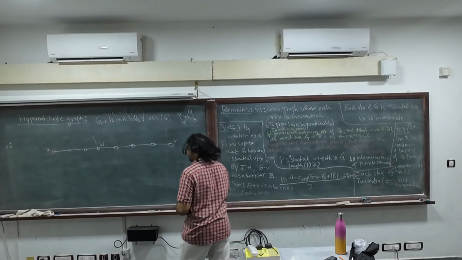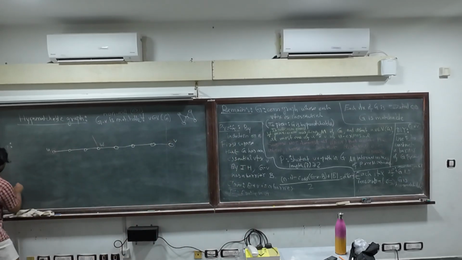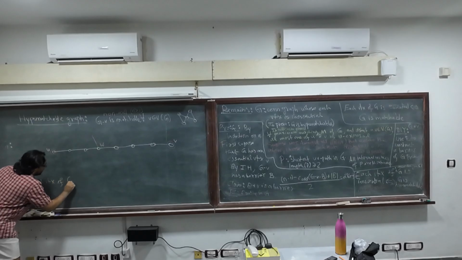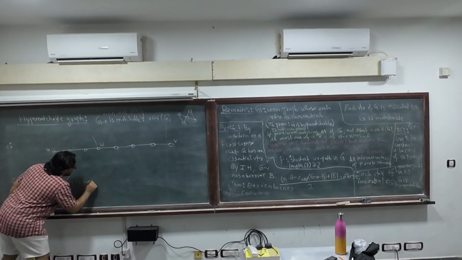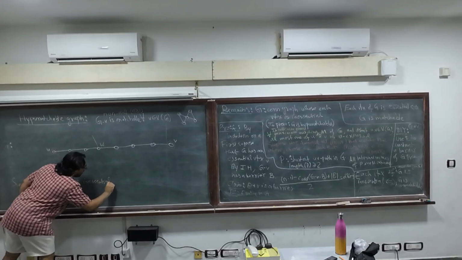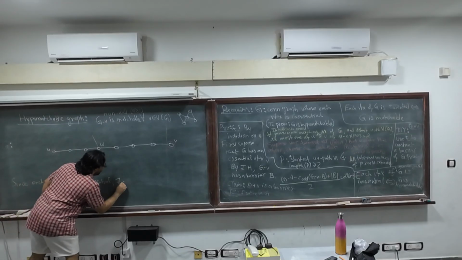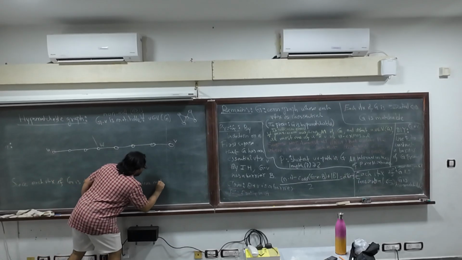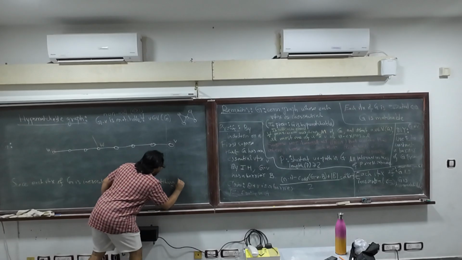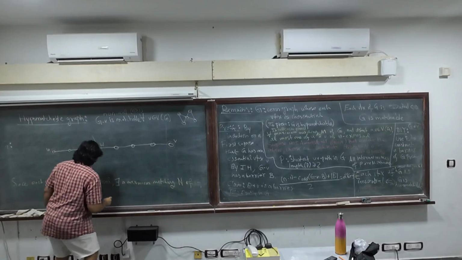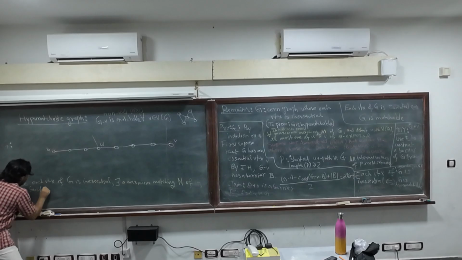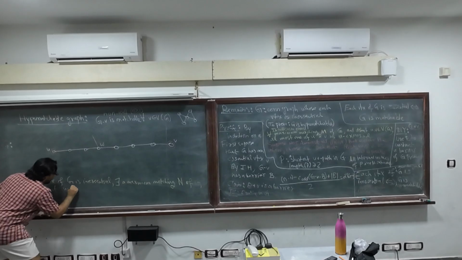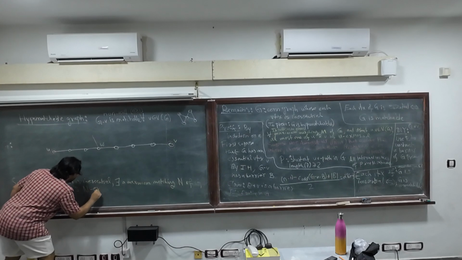Consider a maximum matching. Since each vertex of G is inessential, there exists a maximum matching N of G such that W is N exposed.